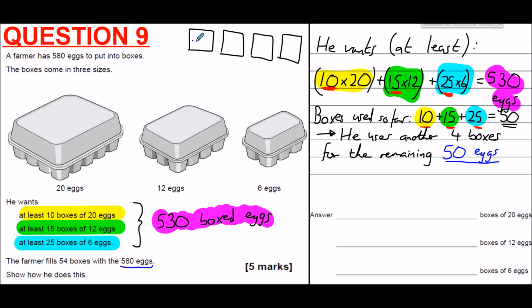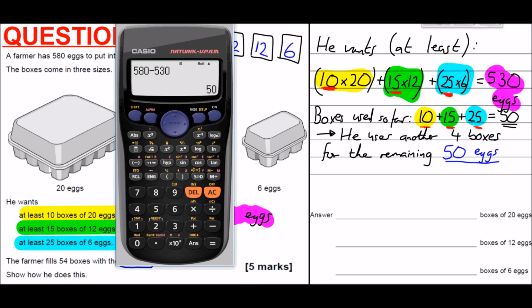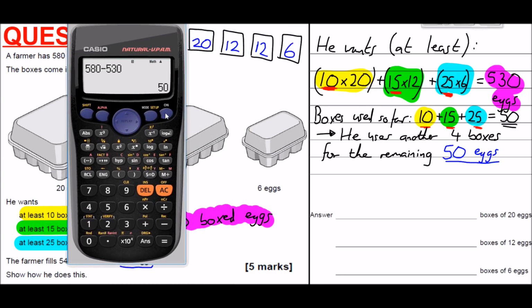But if you used 1 box of 20, another box of 12, another box of 12, so 2 extra boxes of 12, and then finally a box of 6, that would come to a total of 20 plus 12 plus 12 plus 6, which is 50.